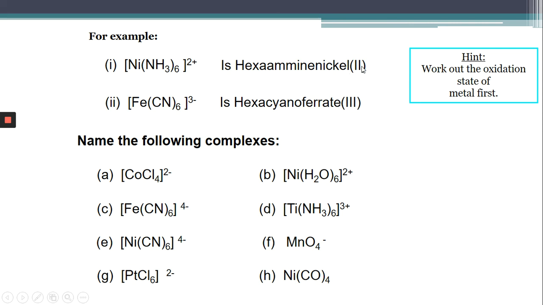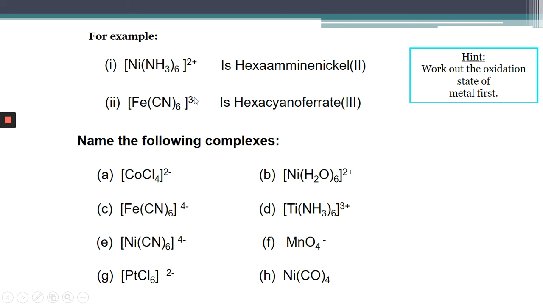And to get the Roman numerals, we know it's got an overall 2 positive charge, so we need to deal with this. Our ammonia is a neutral ligand, so 6 times 0 gives us 0. Therefore, our nickel has the 2 positive. Okay. This one here, cyanide, watch, is changed to cyano. 6 again, hence hexa.